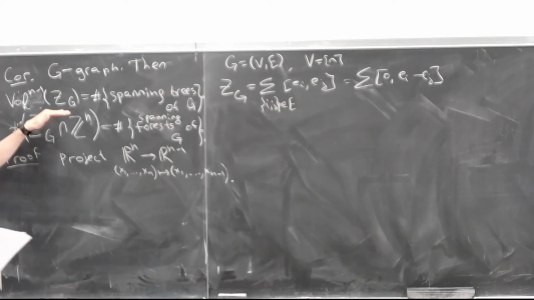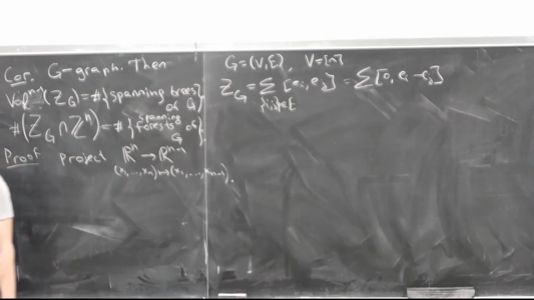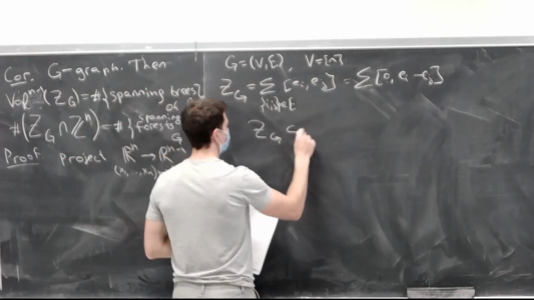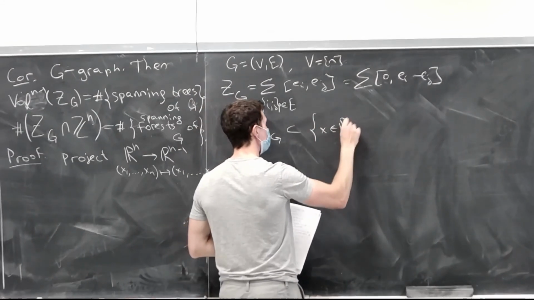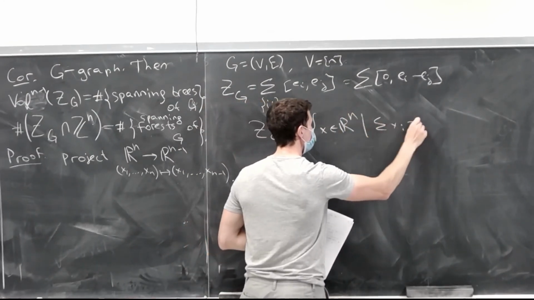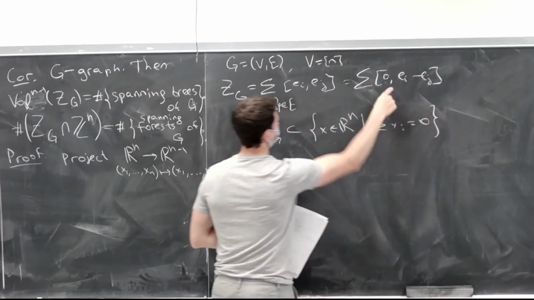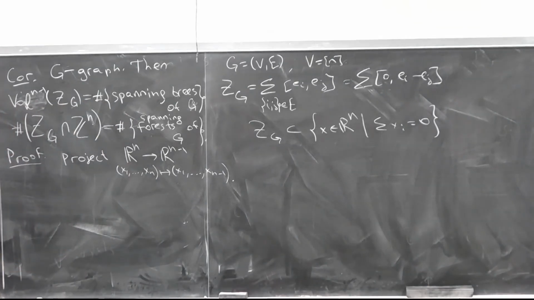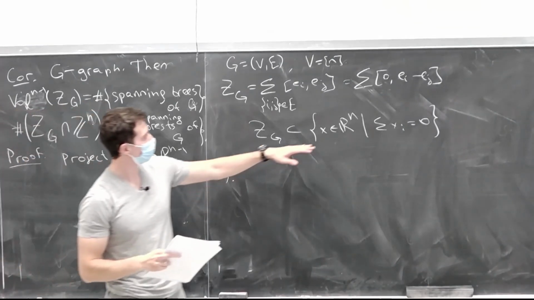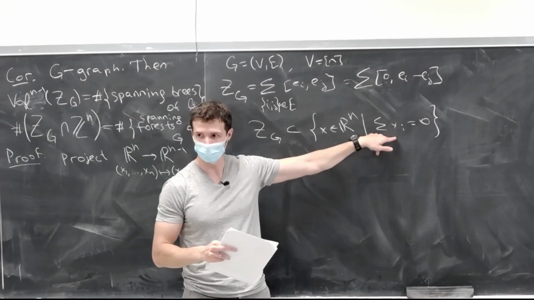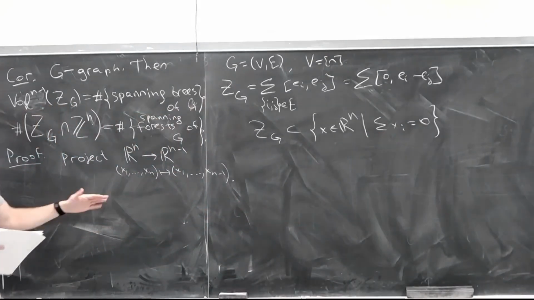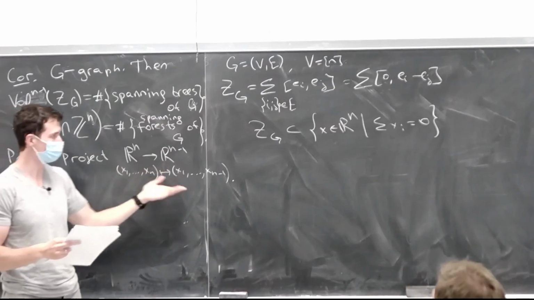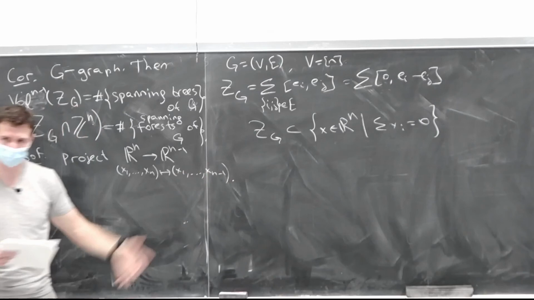It lies in the space where the sum of all coordinates is 0: Z_G is a subset of {x in R^n : sum of x_i = 0}. I could take an orthogonal projection onto this hyperplane, but instead I'm doing something weird and different. I'm removing the last coordinate. This is not an orthogonal projection; the image is a different hyperplane.